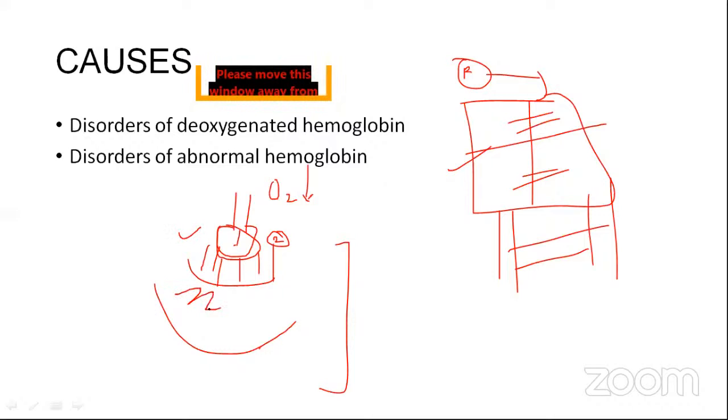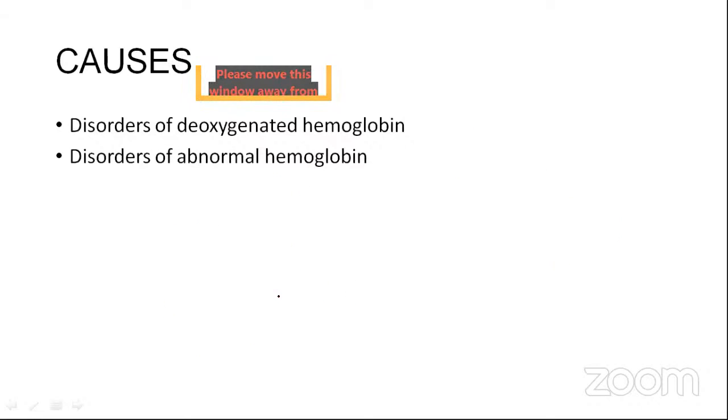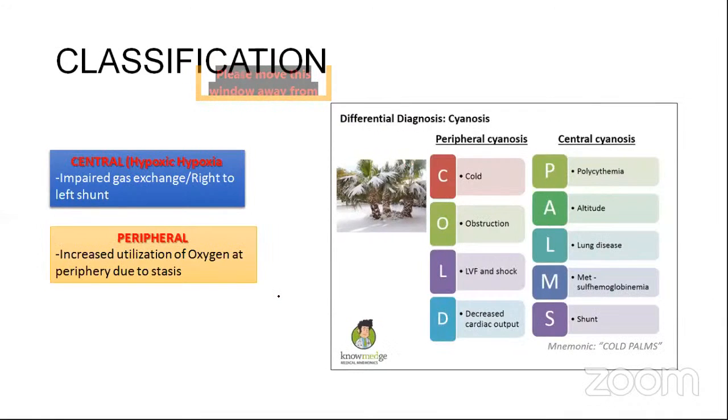Or if there is a destruction to the vessels here, something like ARDS, that can also cause a central cyanosis. So this is at the level of the respiratory membrane and at the level of the heart and the shunts. We'll go to the next case.